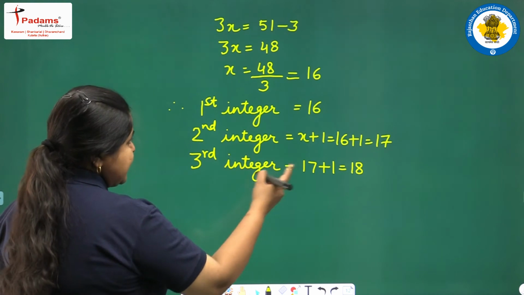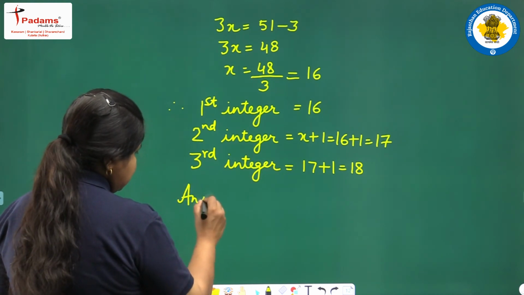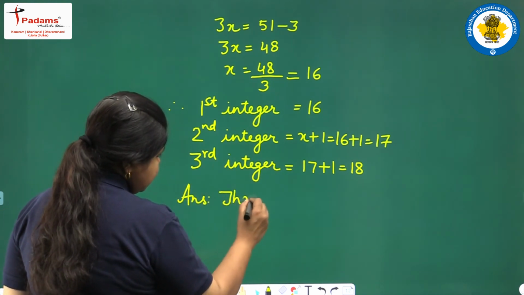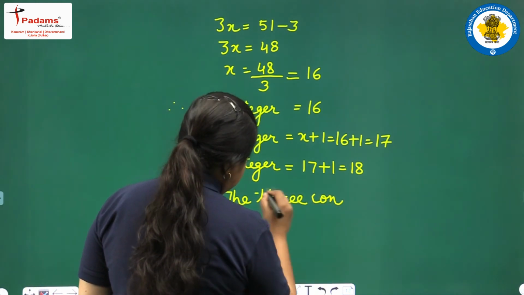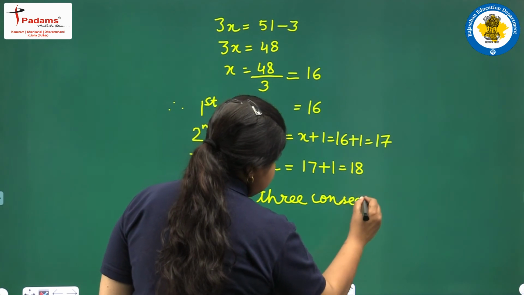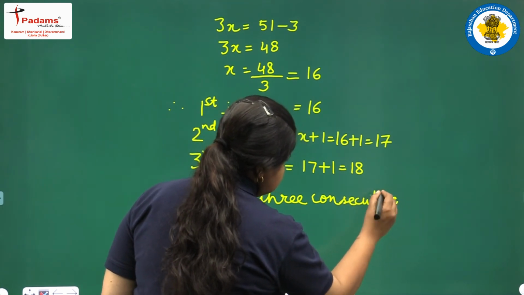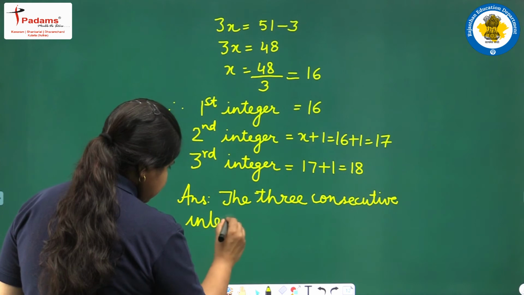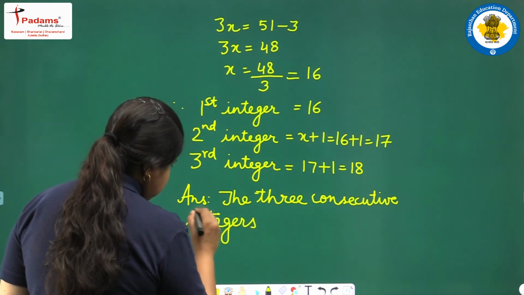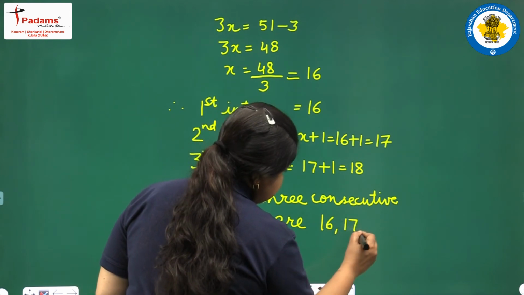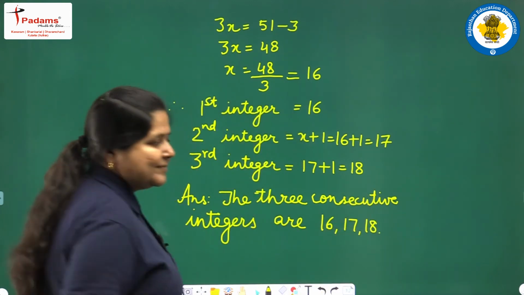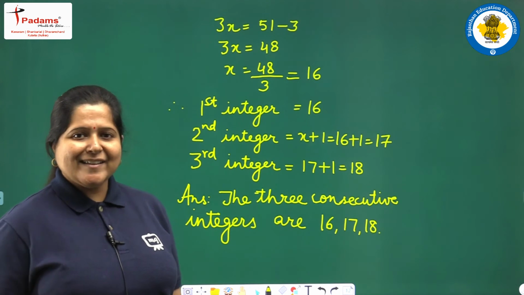So, the three consecutive integers are 16, 17 and 18. Again, we can check the answer.